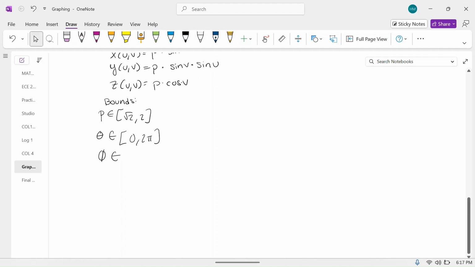So we are given r equals 1, the cylinder. So to translate this, we are going to do r equals rho sine phi greater than or equal to 1. Then we're going to continue solving for phi.